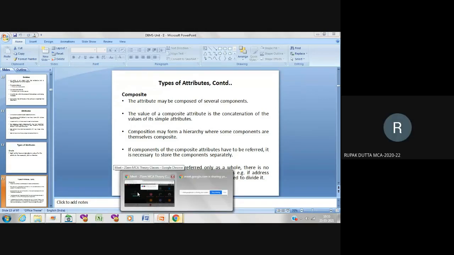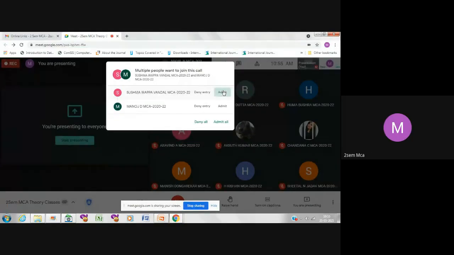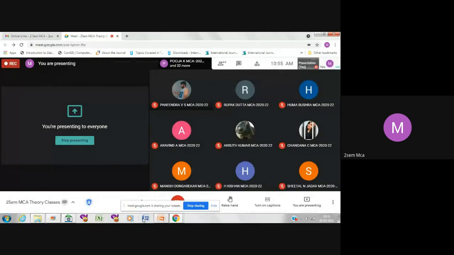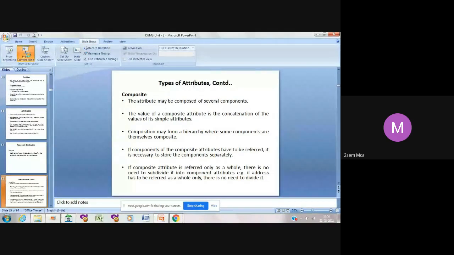Yes, ma'am. You are seeing this types of attributes slide?